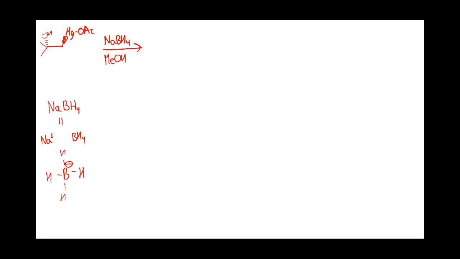So what this is a source of, really, I'm going to draw it in brackets because you don't get H minus. But technically, this is a source of H minus.